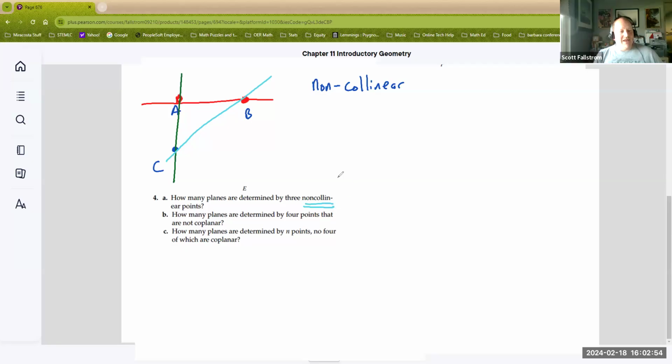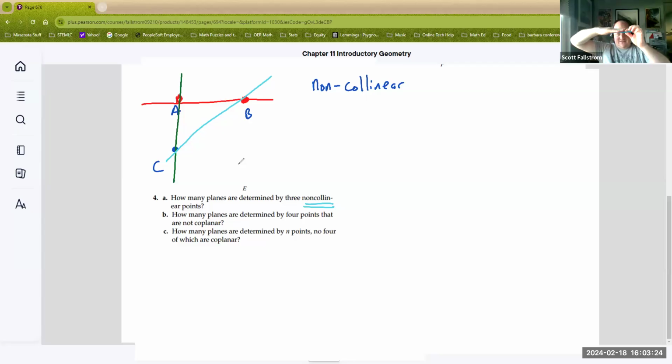So how many planes can be determined by this? If you just have 3 points and they're not collinear, those would be the 3 points sitting kind of on the surface right here. Take any 2 points, take a pencil or a pen in your mind, and say it's between those. Now pick any other point in space that's not on that line, and you can picture a plane that cuts through this line.